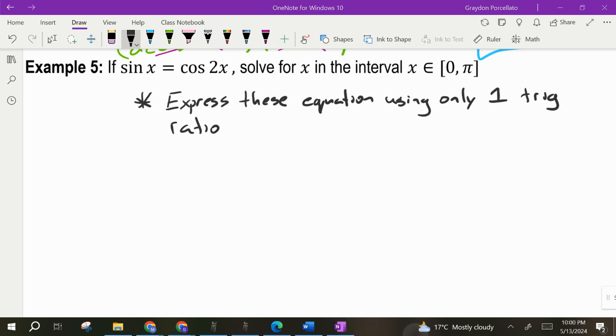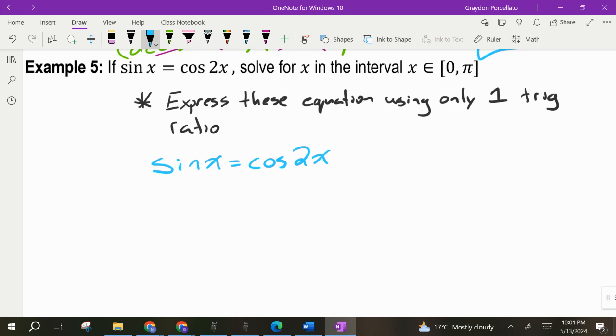Noticing that this one here, sine x equals cos 2x, has sine and cos in it, my first step is to make this all either sine or cos. This is where it comes in handy, because you're going to get your formula sheet on this test. It's obviously important that you have the formula sheet, but it's more important that you understand it and know what's on it.